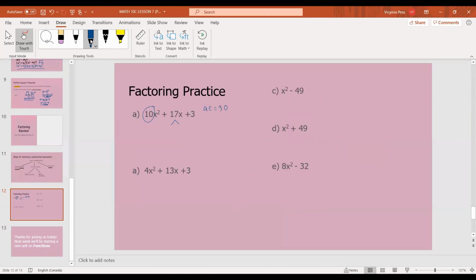All right. And then we can break down which factors of 30 will give us 17. So let's go in the middle. 3 times 10, would that give us 17? No, that only gives us 13. Let's try another one. 4, does 4 work? No. 5, does 5 work? 5 times 6, does that give us 17?